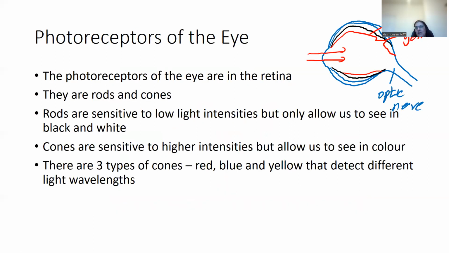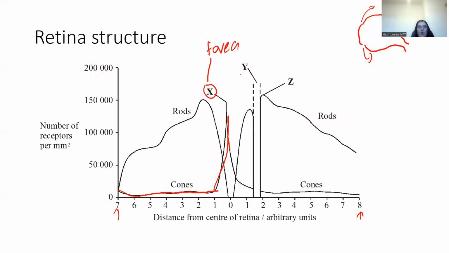If I go back, you'll see that is the fovea, the yellow spot. It's called a yellow spot because that's how it looks when you look through the eye. Fovea is the proper name for it. So here is our fovea, where all our cones are found.